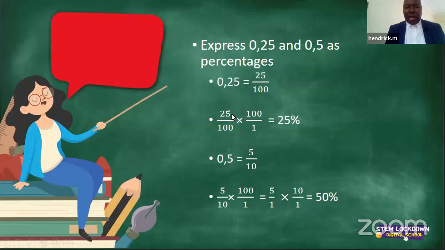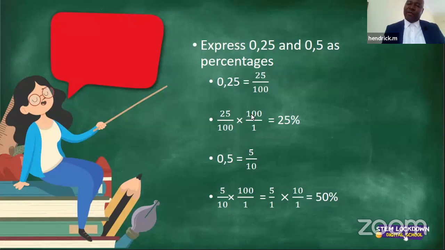You multiply 25 over 100 by 100 over 1. The 100 and 100 here, one is the numerator and the other is the denominator, so you are simply dividing 100 by 100. What is 100 divided by 100? It's 1.